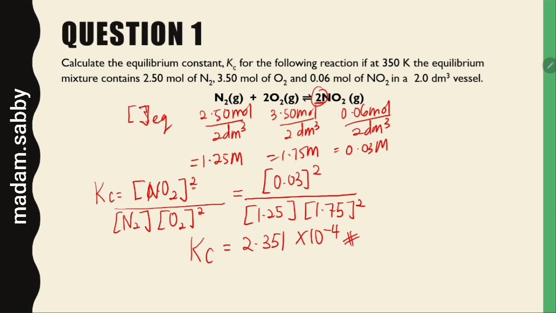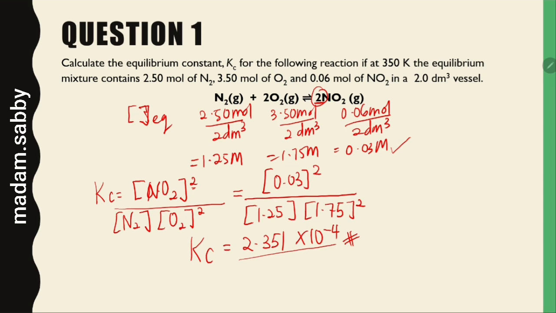As you heard in my first video, I already mentioned that in our syllabus Kc has no unit, so you can simply write down the value and leave it at that. To score a good mark for this one, the first mark is given when you calculate the equilibrium concentration of each gas component correctly.